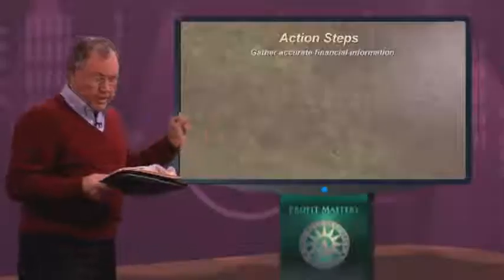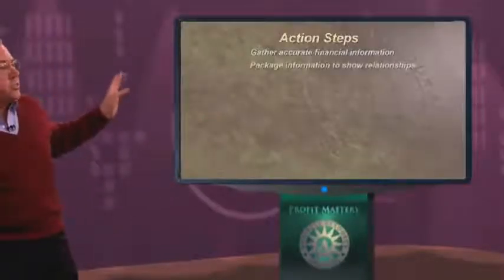And I can't tell you how common it is for business owners to have inaccurate data. If it's not accurate, timely, and put together in a format that is decision relevant, it really begs the question of whether we can use this information in the powerful way that we're going to. Secondly, package the information so you can see the relationships.